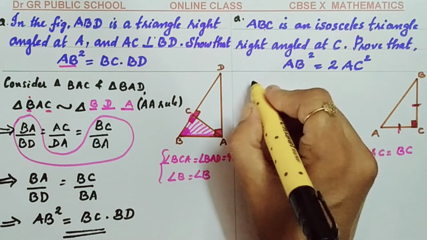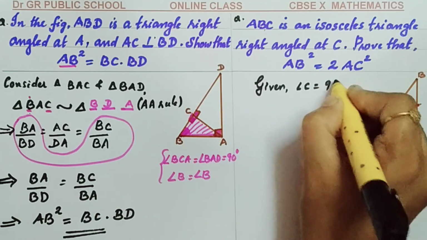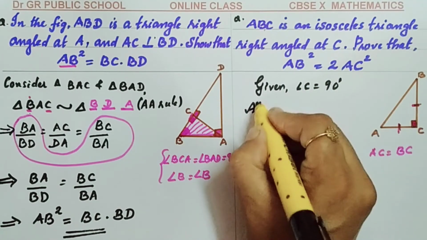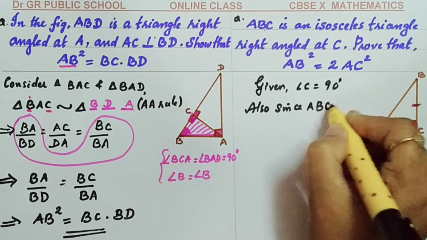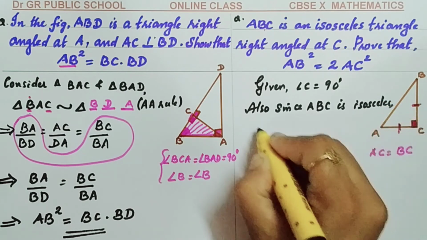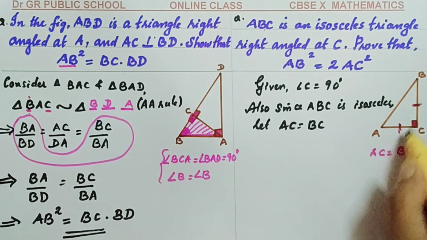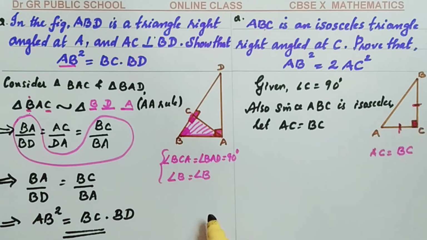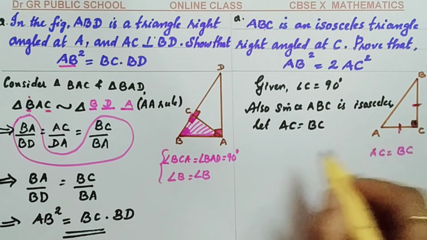Given angle C equals 90 degrees. Also, since ABC is isosceles, let the side AC equal BC. Let these two sides be equal. Now, as this angle is 90 degrees, you can apply Pythagoras theorem.